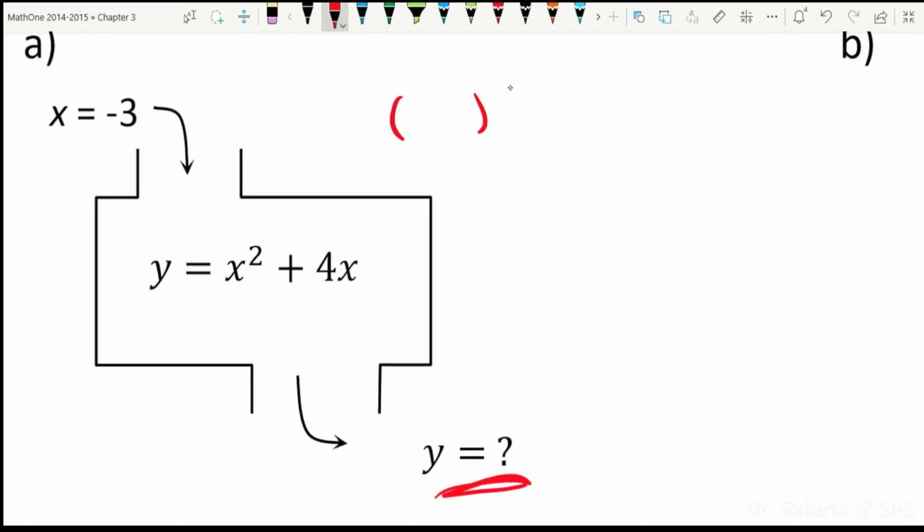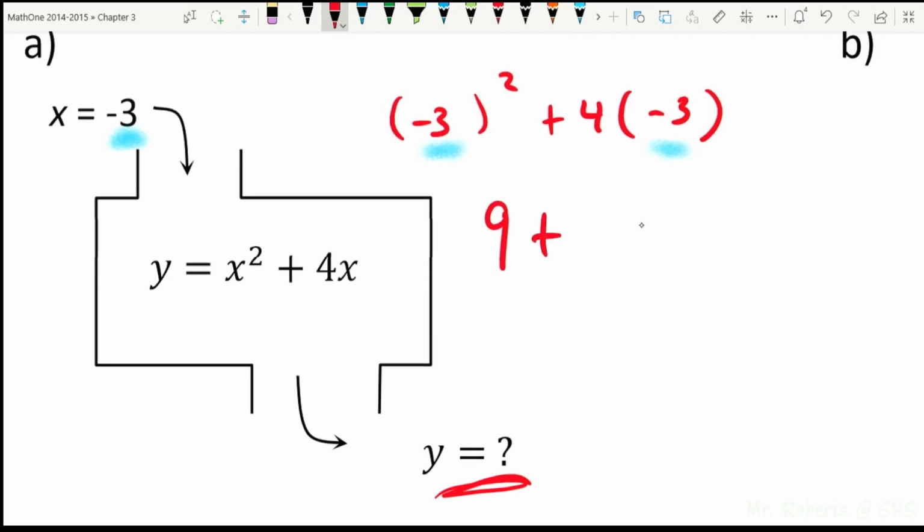There's a place for x. I'm going to square that, plus 4 times, here's a place for x. My value of x is -3. I'm going to place a -3 in these two locations. When I square -3, -3 times -3 is +9, plus 4 times -3 is going to be -12, right?